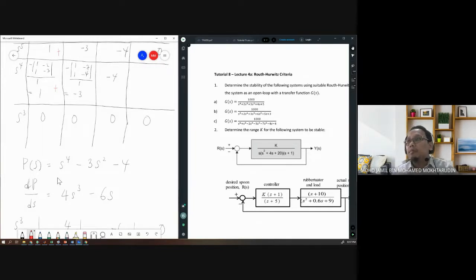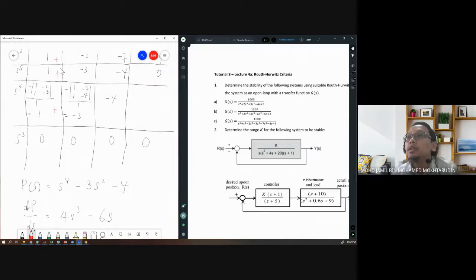Tapi banyak example memang start pada S04. Tapi mungkin ada case lain dia start dengan S06 ataupun S08. Rasanya dia akan nombor genap. Dia jarang S power 5 rasanya lah. Tapi examples macam dalam buku ke, kat internet ke, dia akan bagi memang S power of 4.